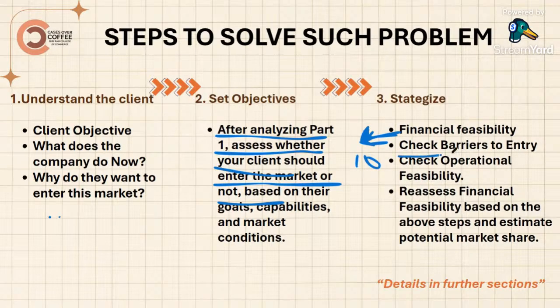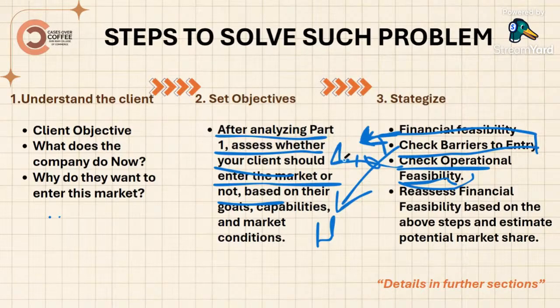Second is the check on barriers to entry. I'll be discussing this in the upcoming slides. So let's say there are certain industries where we need huge capital. In this case, the barrier is on a higher side. Then we check the operational feasibility, whether the product or the service that we are launching in a particular region is operationally feasible or not.